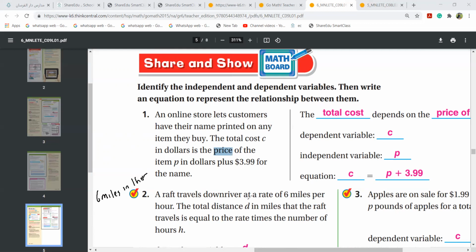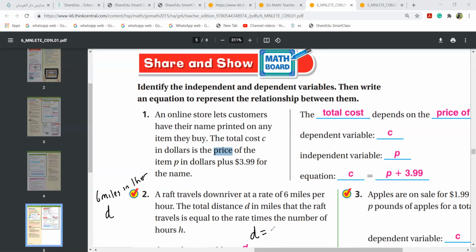The total distance in miles that the raft travels, I don't know how many miles he drove, is equal to the rate times the number of hours. So the total distance D is equal to the rate times the number of hours.